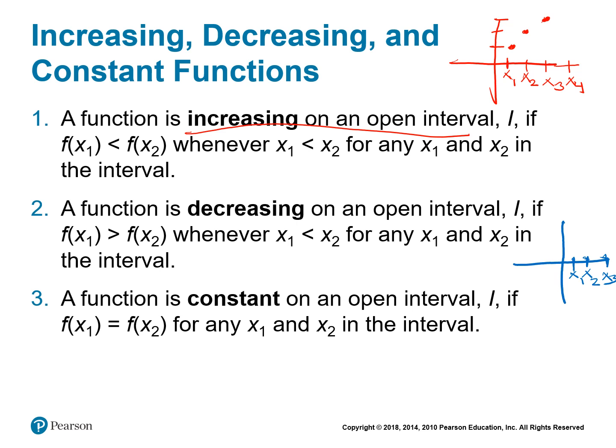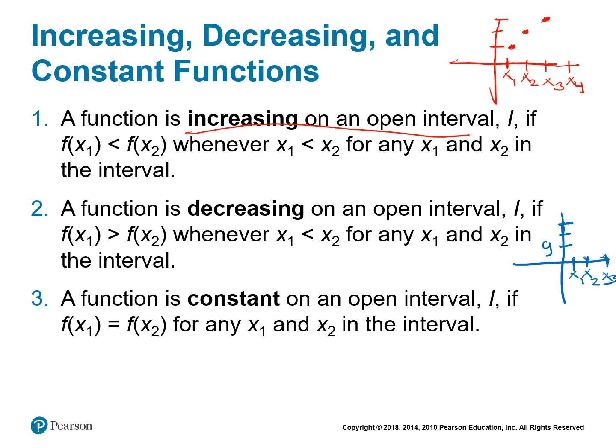Now, a function would be decreasing if the y value of x sub 1, let's again mark some y values on the y-axis, just so we can plot some points.